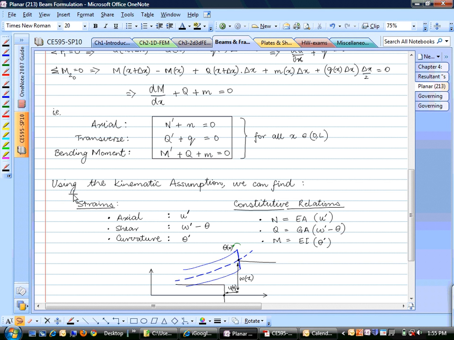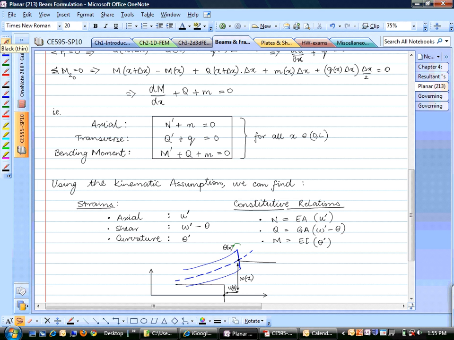Now, we'll plug in our kinematic assumption, and if we express our displacements in terms of the centroid line and the rotation of the cross section, then you can show that the strains can be written out like this. So this is the axial strain, which just means how much does the beam extend? U prime. Shear is W prime minus theta, and that is the same thing.